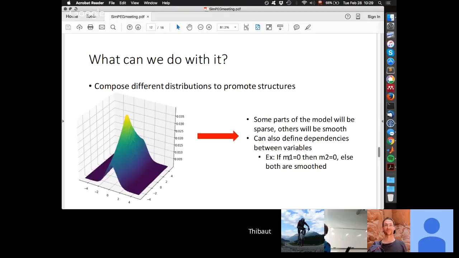For example, if you make m2 zero, and if both are non-zero, then regularize them in an L2 norm and stuff like that. So you can actually impose structure in your model with that. I haven't seen it done in geophysics yet, but I might explore that.